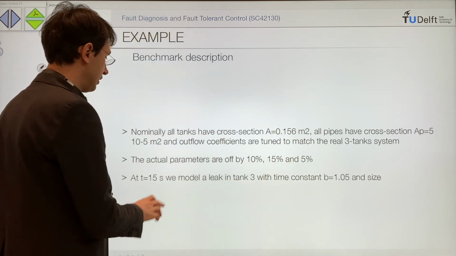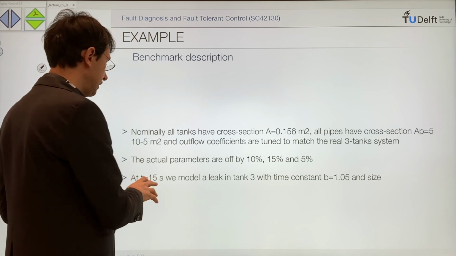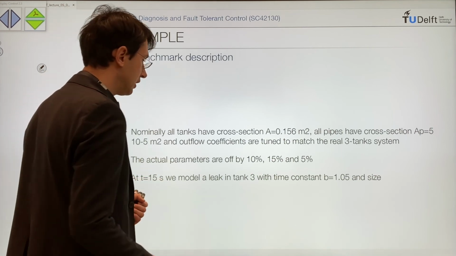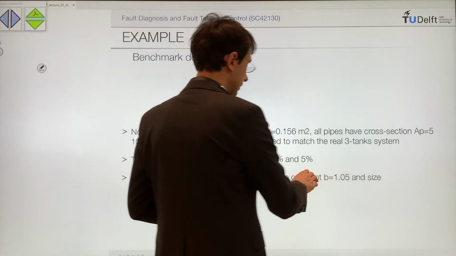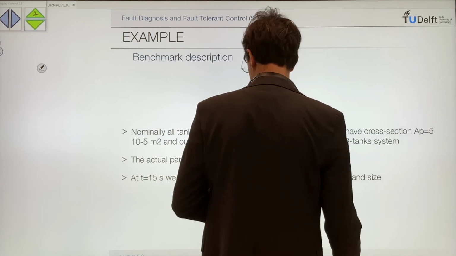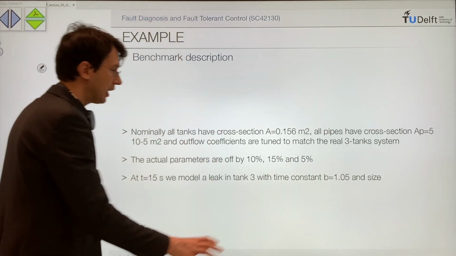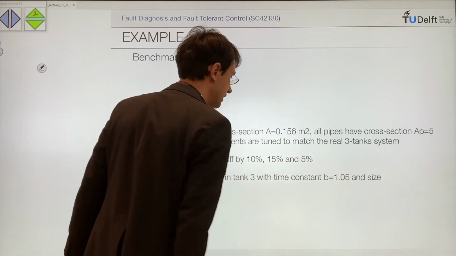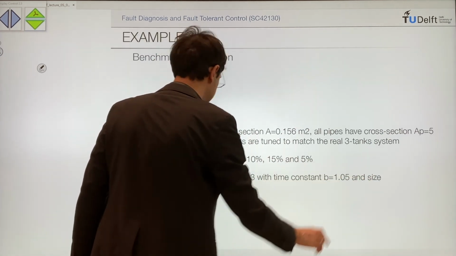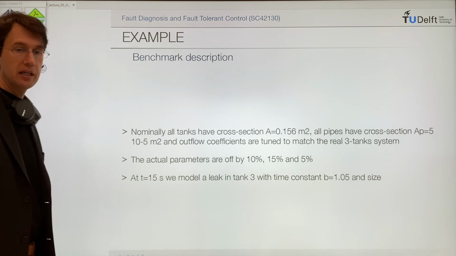And then we model a leak in tank 3 at some time with some constant b and some size that is not written here. I can't recall what the size is, and for some reason this dropped from the slides, but I will find out and post it.